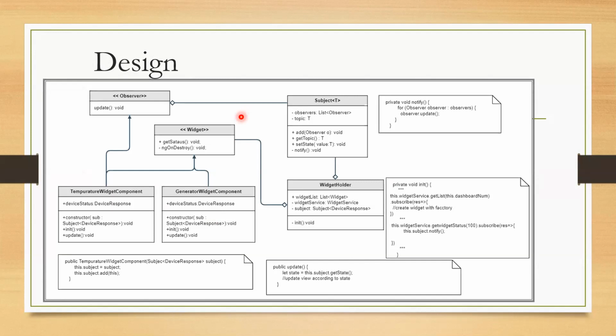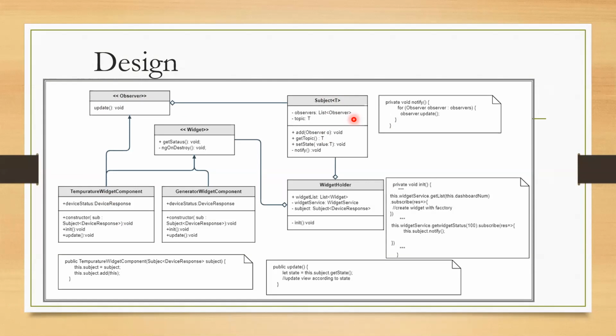Inside the observable design pattern there are an observer and a subject. There are widget classes which inherit the observer, and the observer is a component of a subject. Likewise, this is the design.